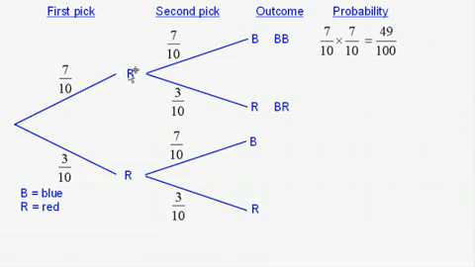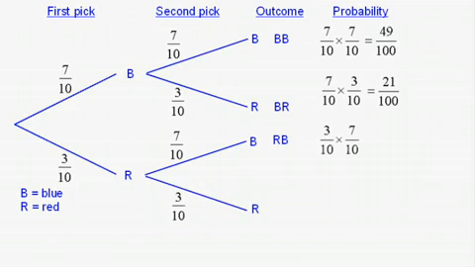The next branch is first blue, then red, BR for short. 7/10 times 3/10, 21/100. This branch here is first red, then blue, RB, 3/10 times 7/10, 21/100. And the fourth one is 2 reds, first red, second red, 3/10 times 3/10, 9/100.